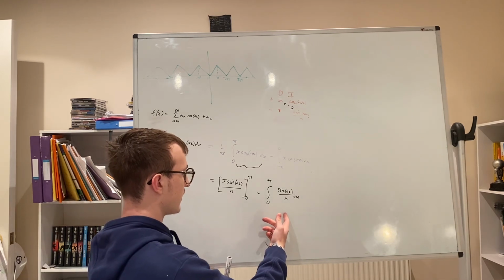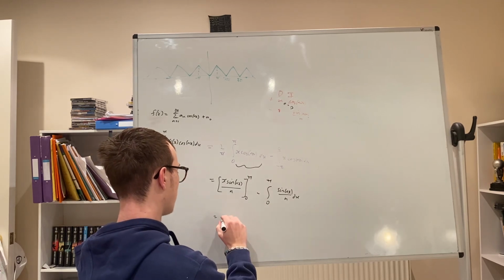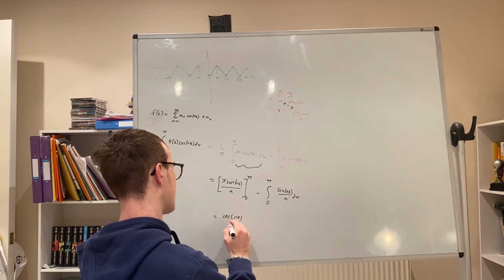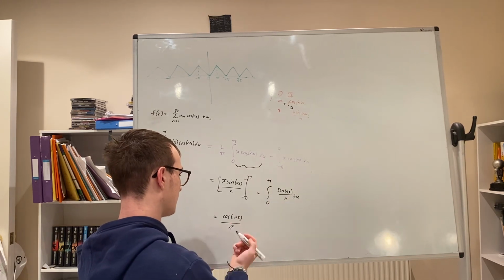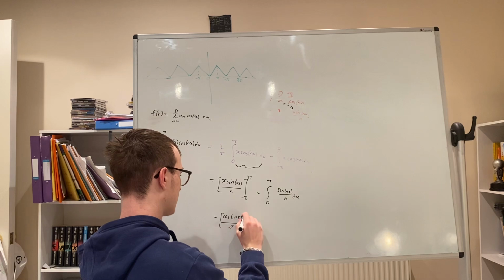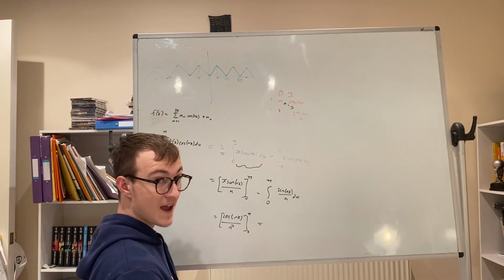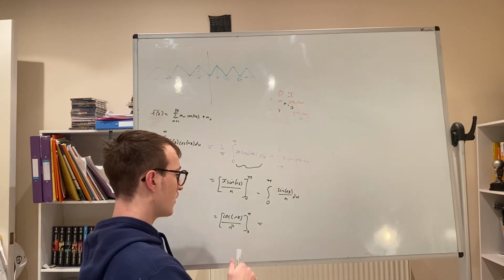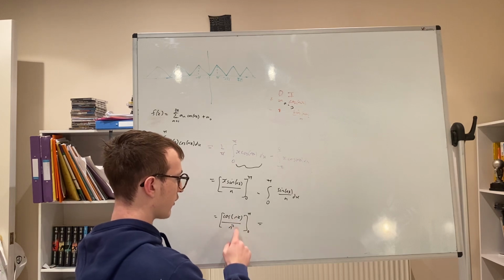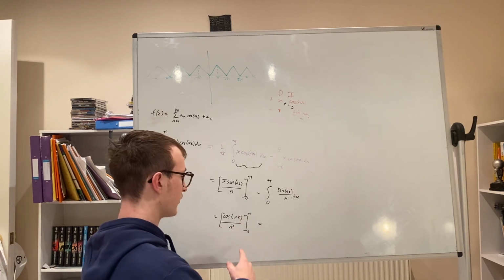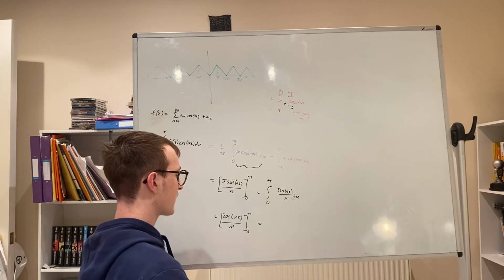So if we integrate this, remembering the minus sign, we're going to get positive cosine of nx over n times n, which is n squared, evaluated at 0 and pi. Now, when n is even, cosine of n times pi is 1, but cosine of 0 is also 1, so when you plug in the bounds, you get 1 over n squared minus 1 over n squared, which is just 0.